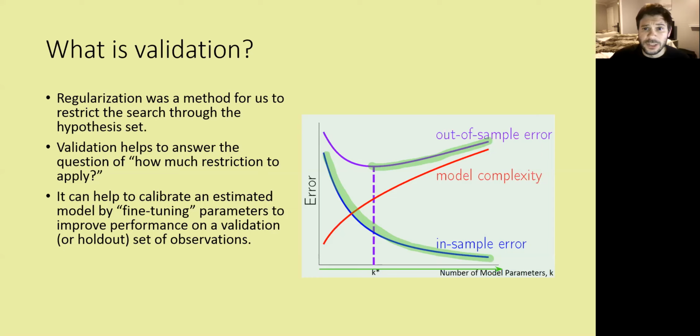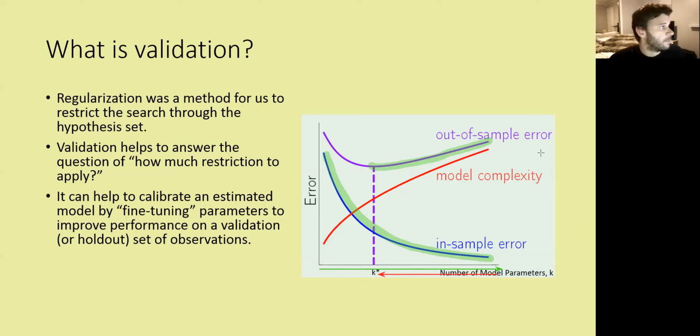So regularization was the solution to this problem. It told us, hey, we need to put on the brakes. We need to move back in this direction in terms of model complexity. But we don't really know how far to move. We can move a little bit of regularization, or we can move a whole lot and wind up really underfitting. But you'll notice there's some optimal parameter here, K star, that actually minimizes our out-of-sample prediction error, right?